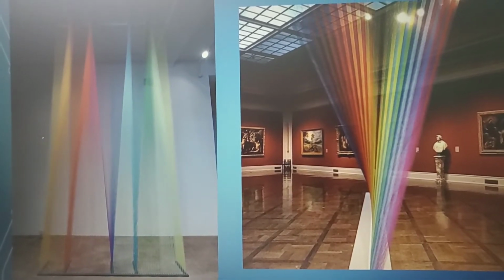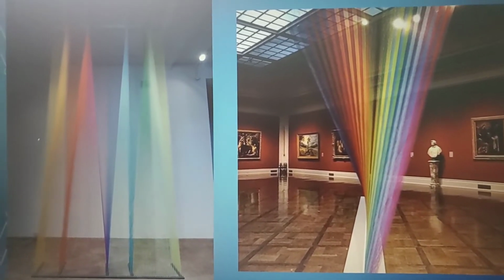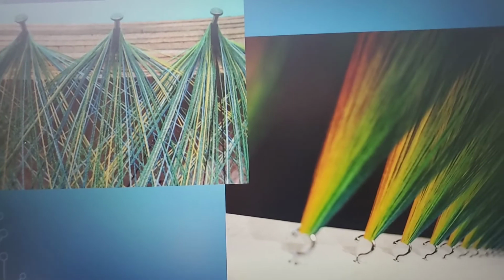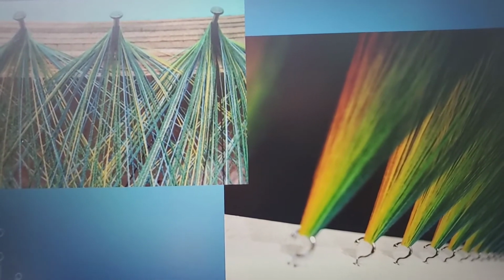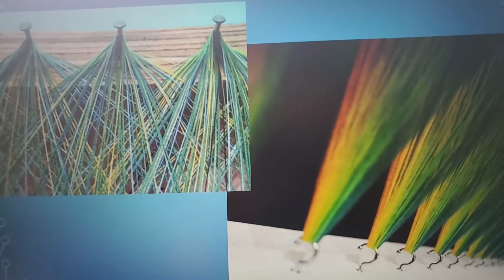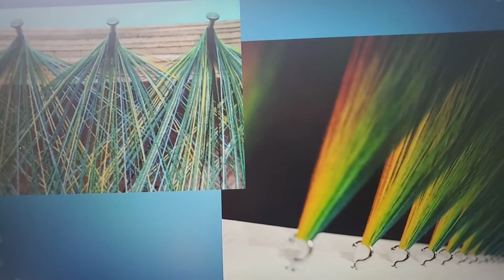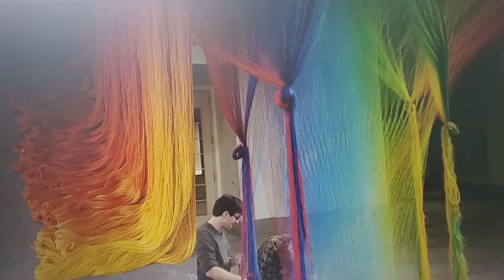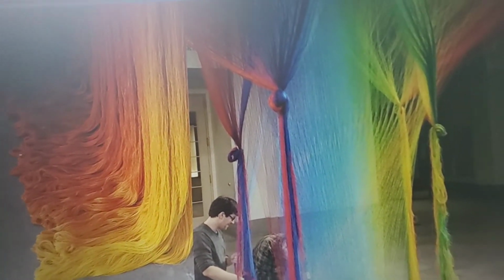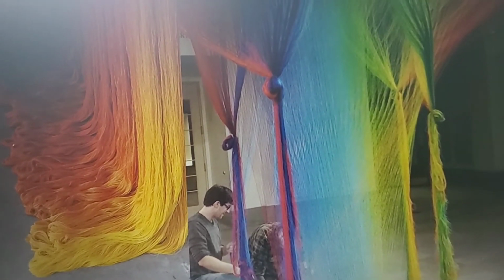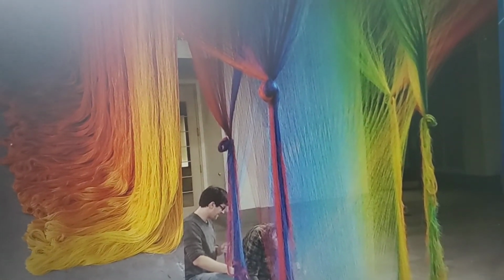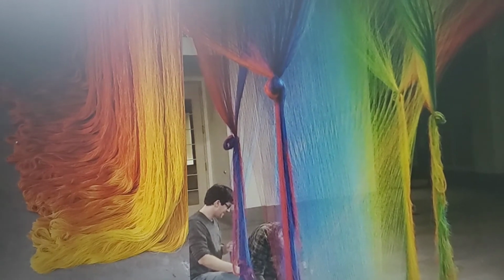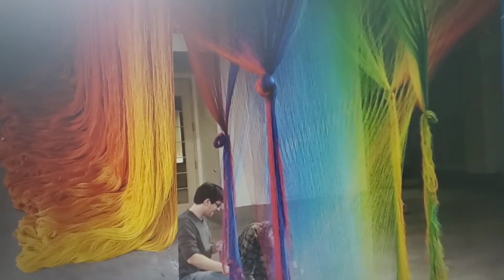I think he has pieces of wood and little hooks, and I'm going to show you in a second. There's a close-up. So think of how long it takes to stretch out each of those strings to make his art in a gallery. This is him working. He has probably assistants also. See, helping him? Because he has to string each piece by itself.